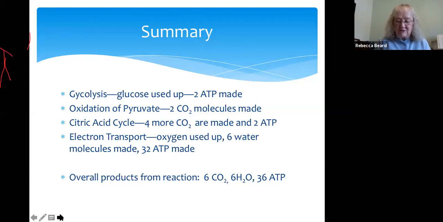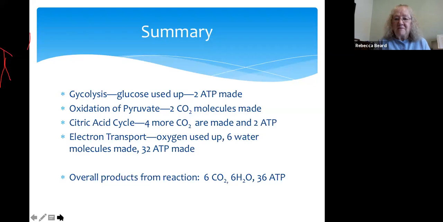It seems like there's a lot of detail, but this is still a rather simplified explanation. So if you think about it, we've got this very complex reaction that has to have all of these different molecules available.